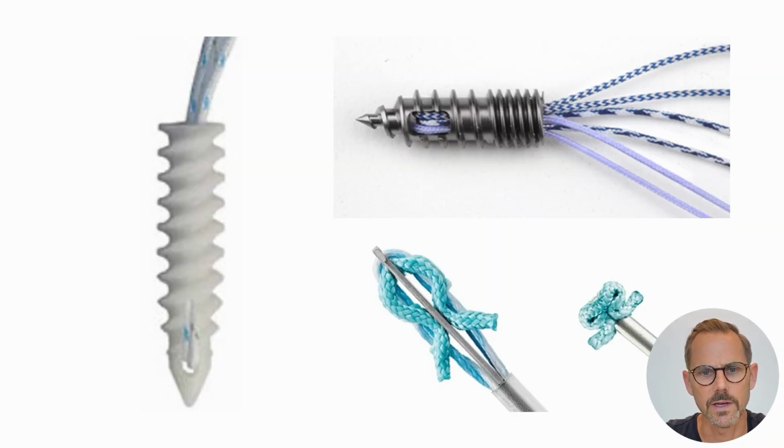And nowadays, when I first started with ultrasound, there were mainly metal anchors that were visible on X-ray. Nowadays there is mostly bioresorbable anchors or plastic anchors, or even no anchors at all, what is called all suture anchors.